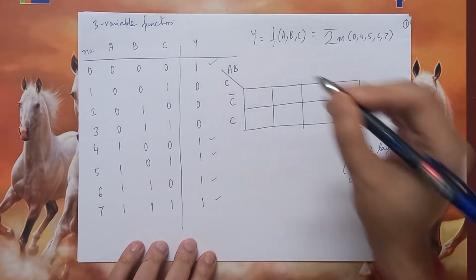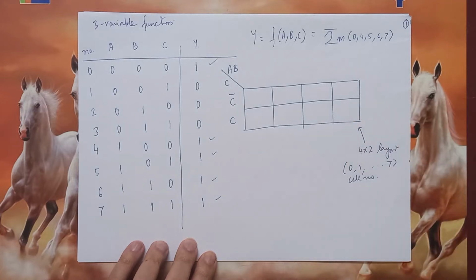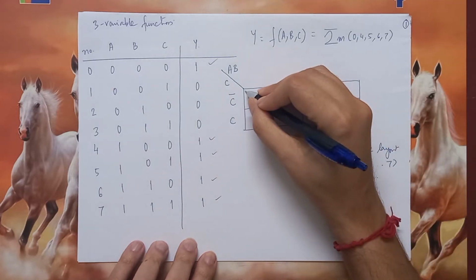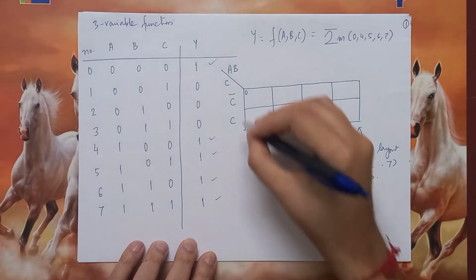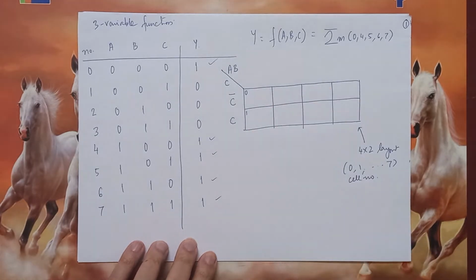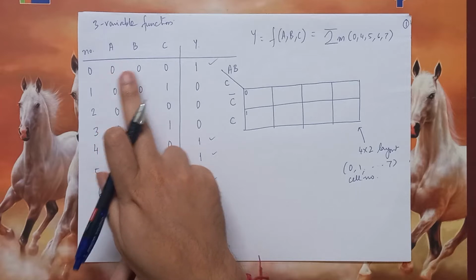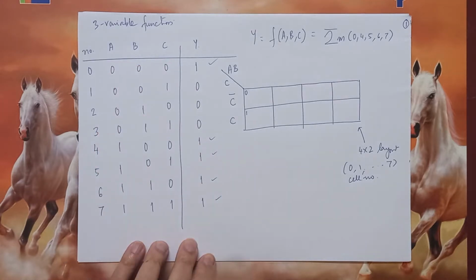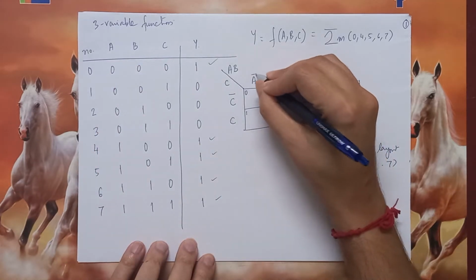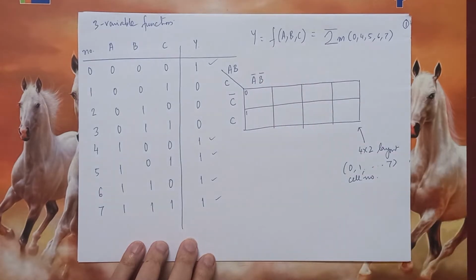Let us say, using our knowledge of the 2 variable K-maps, let us call the first as 0 and this one as 1. Right? So 0 will happen for the SOP when it is A bar, B bar and C bar. So this row we can label it as A bar and B bar.